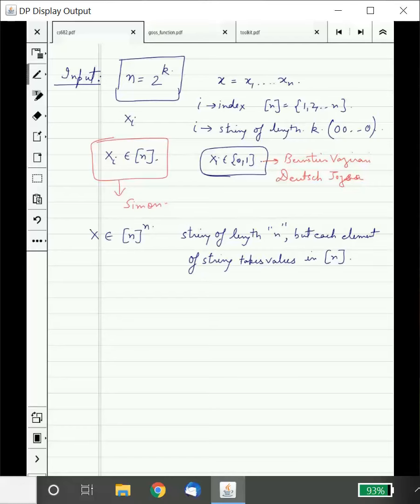Remember, we had the same functional definition in this case. We always said that when I looked at a string like this and n is equal to 2^k, I could have interpreted xi as f of i. Here i was an index, here i was a binary string of length k. They have one-to-one correspondence because n is equal to 2 to the power k.